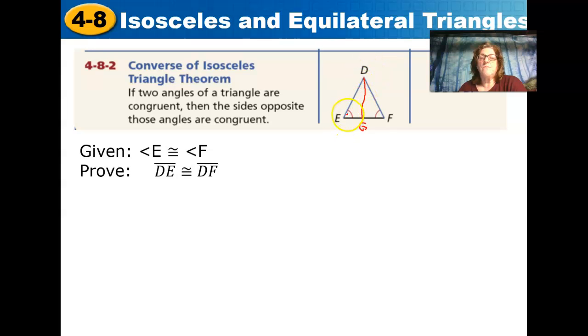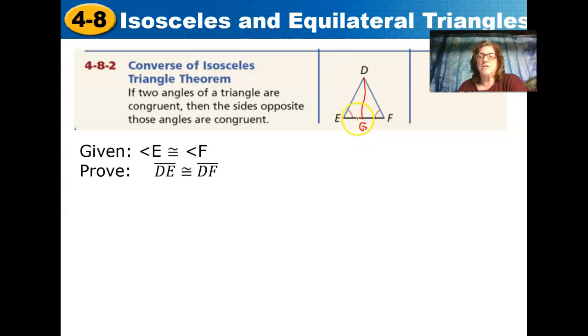And so step 1 of the proof is angle E is congruent to angle F. Step 2 is construct line segment DG bisecting angle D, by every angle has exactly one bisector. The next step would be to say that angle EDG is congruent to angle FDG by definition of angle bisector.